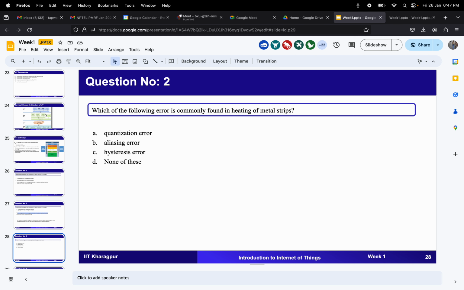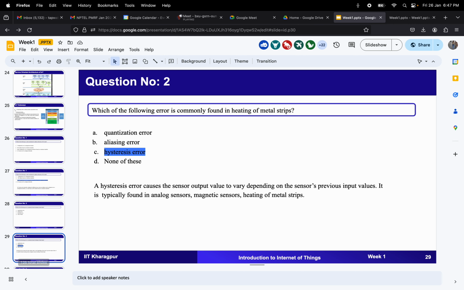Ma'am, I think it might be hysteresis error. Right. Basically, a hysteresis error causes the sensor output value to vary depending upon the sensor's previous value, and it is typically found in your analog sensors, magnetic sensors, and heating of metal strips.